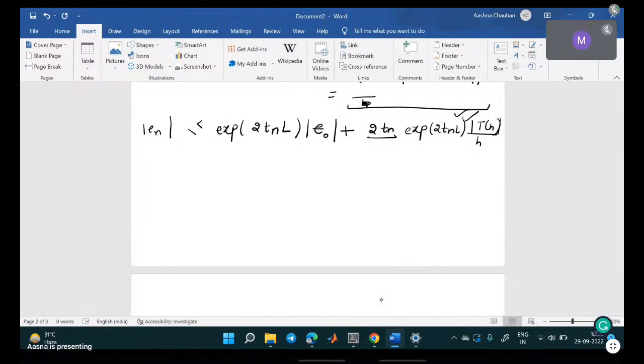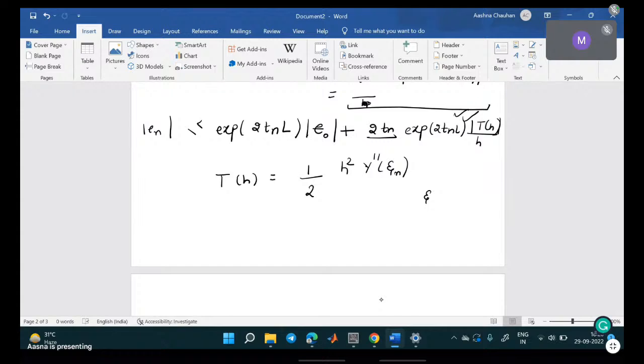And now what we will do, we will substitute the value of Th. What was Th? Th is equals to 1 upon 2 h square y double dash of epsilon n.